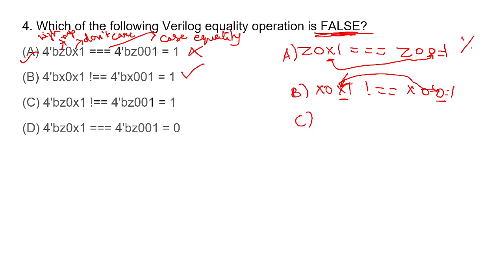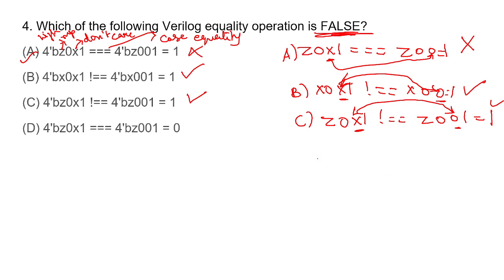So option A is wrong. Option B is correct. Option C is Z0X1 not equal to Z001. So this bit and this bit are again different, so this is true. So option C is also correct.